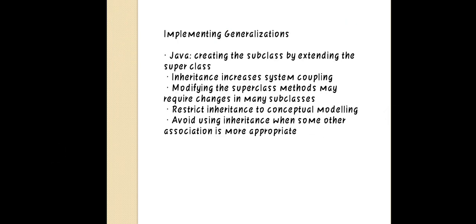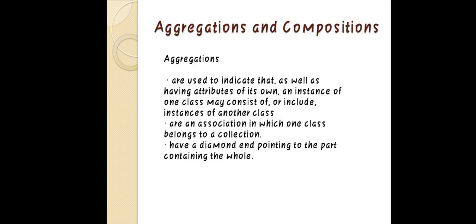Implementing generalizations in Java: creating the subclass by extending the superclass, inheritance. This increases system coupling. Modifying the superclass method may require changes in many subclasses. Use strict inheritance for conceptual modeling. Avoid using inheritance when some other association is more appropriate.